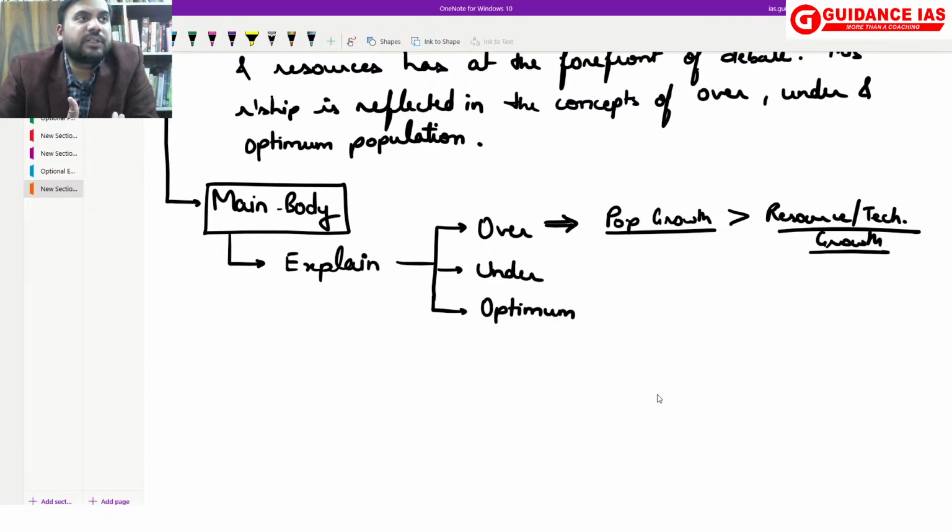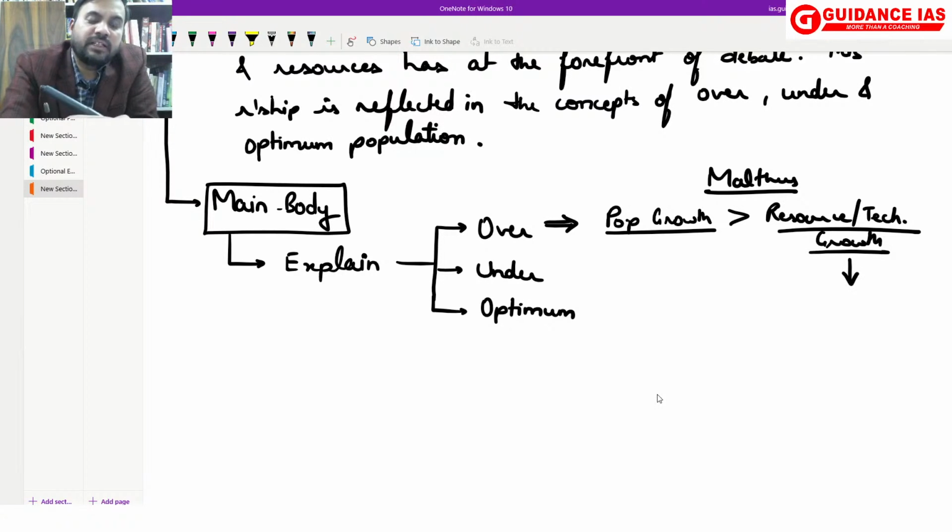So this is a situation when what happens, ultimately the situation of overpopulation arises. ठीक है. If I want to use some theoretical perspective, I can say that according to Malthus, the situation of overpopulation arises when population growth is much higher than the resources or the subsistence growth. ठीक है. So this situation is the case of overpopulation.